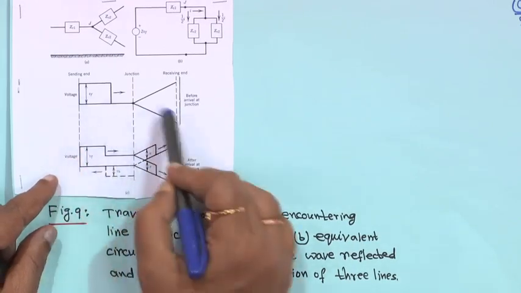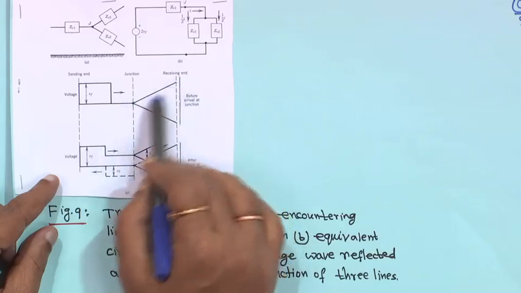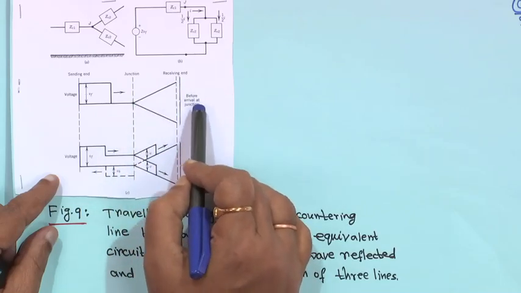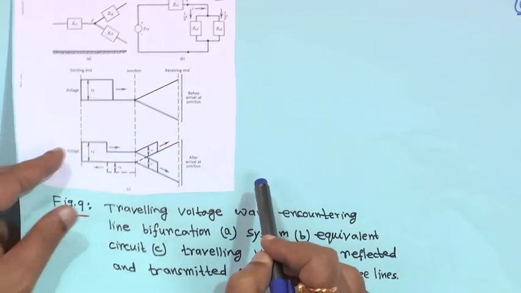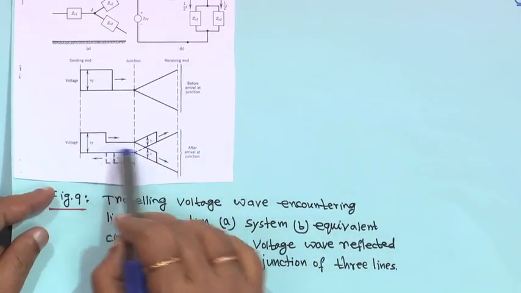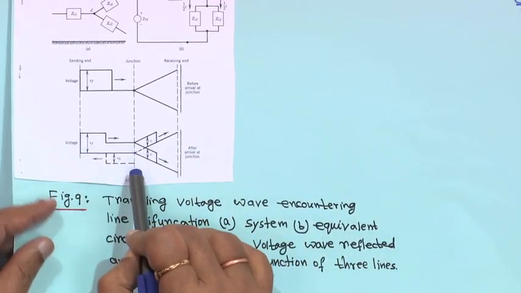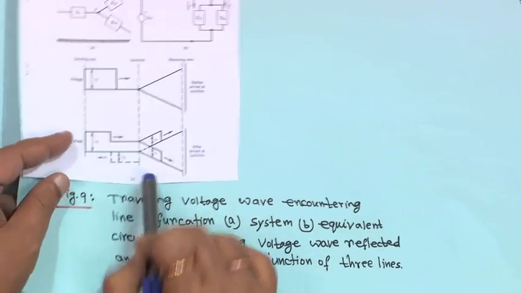In this case also, this is the forward voltage wave, this is the junction where the line is bifurcated, and this side is the receiving end. Before arrival at the junction the voltage was Vf. When the wave arrives at the junction, some will be reflected and some will be transmitted.